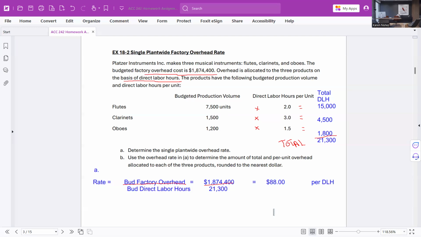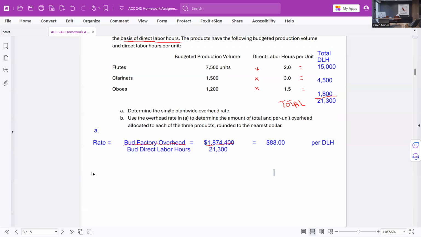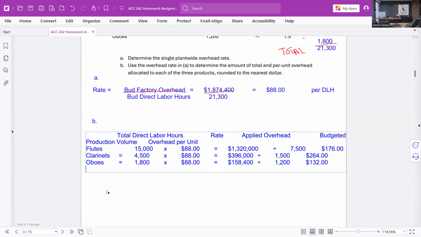So let me see if I can go ahead and paste that in as well. So B, right? B is the allocation of that overhead. There we go. Okay.